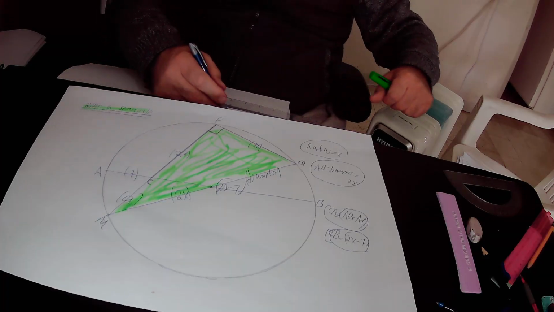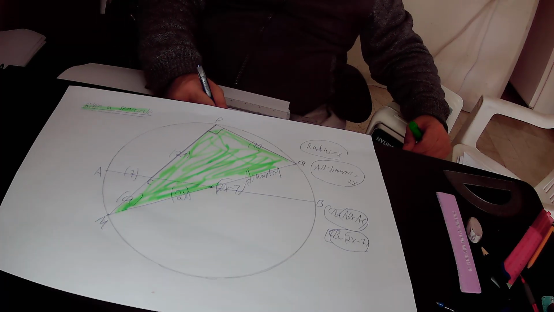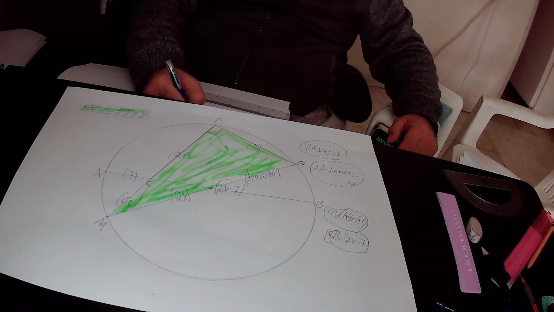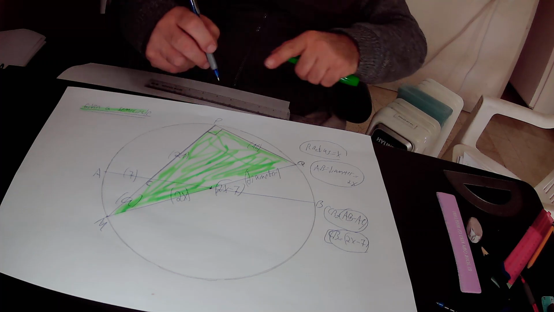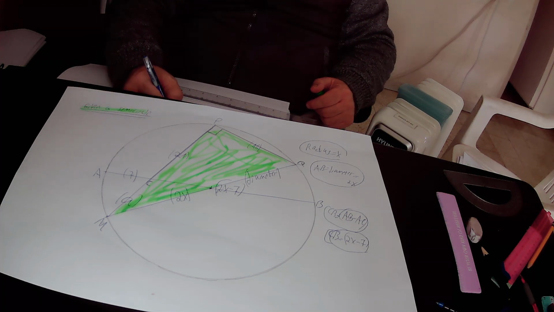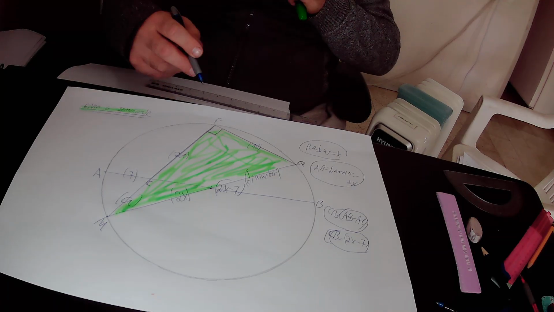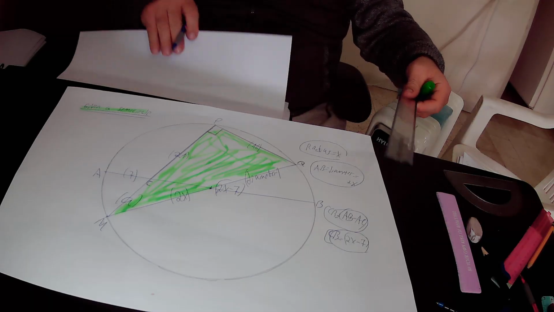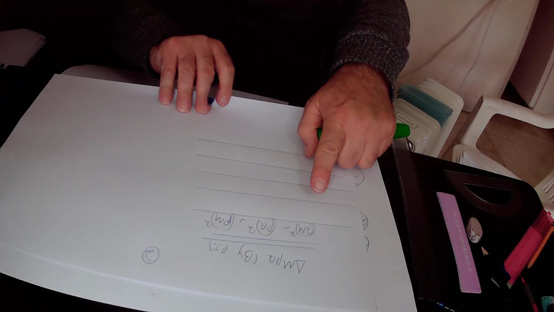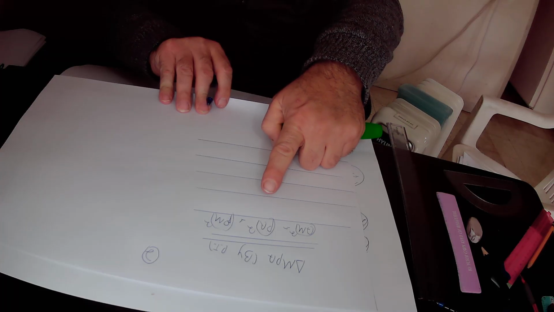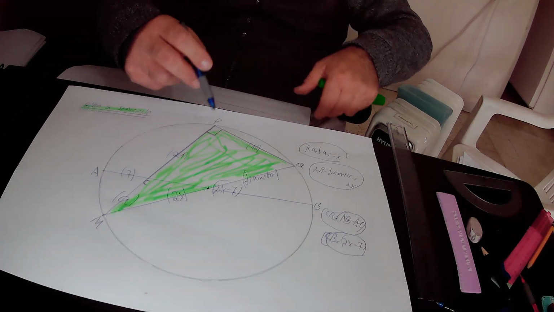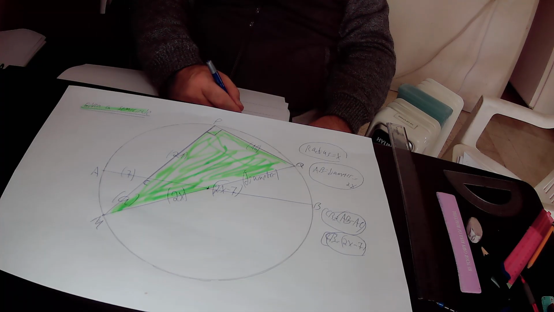QM squared, that is the square of the hypotenuse, equals PQ squared plus PM squared. QM equals 2x, therefore QM squared equals (2x) squared.